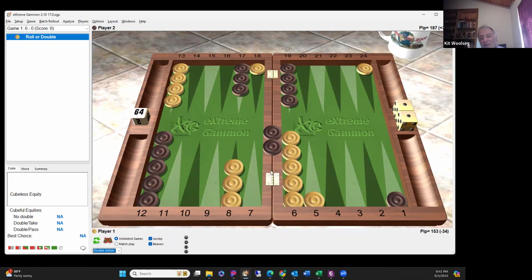I haven't found a roll which doesn't. All 3s and 1s, 5-2 makes a point, 5-4 makes a point, 6-4 makes a point, 6-5 too. So the question is, is this a double and is this a take?